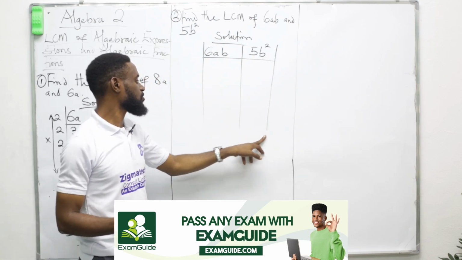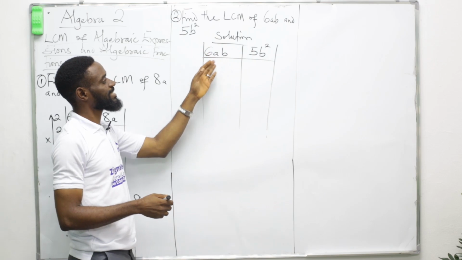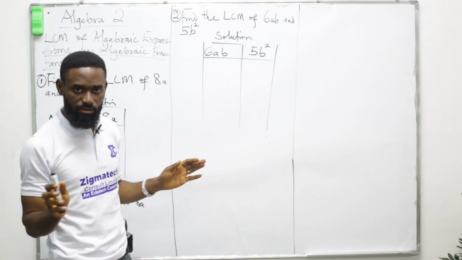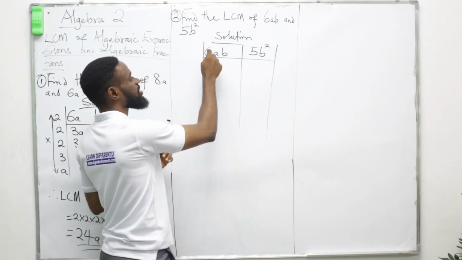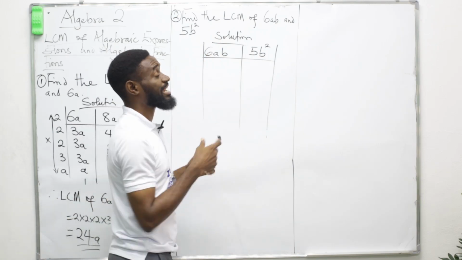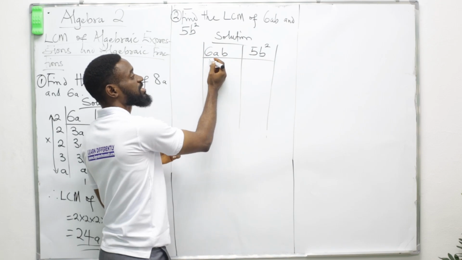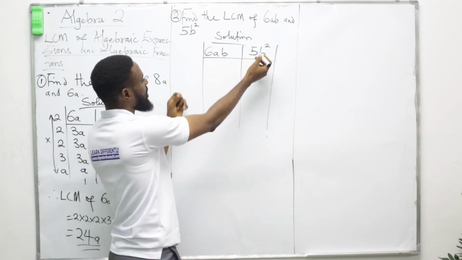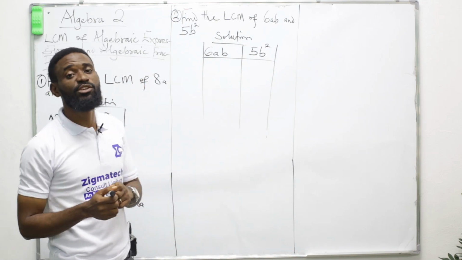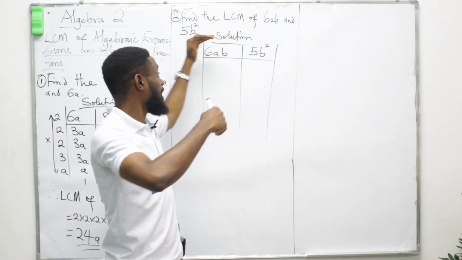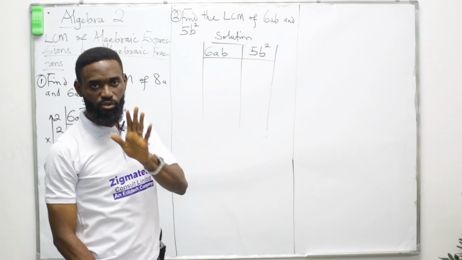Okay, all right, so here if we look at 6 and 5, they don't have any common factor. But 2 is a factor of 6. I can go ahead and just say I put 6 here, and I put 5 here. It is good that when you're multiplying, if the numbers are too large, it will be somehow difficult for you.